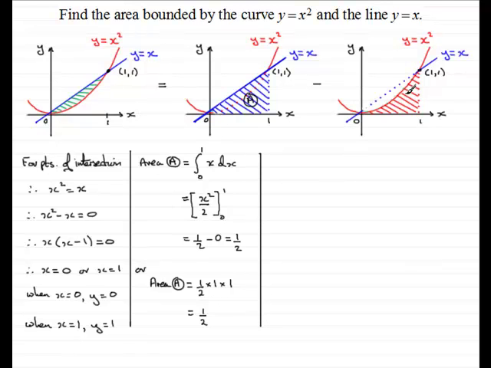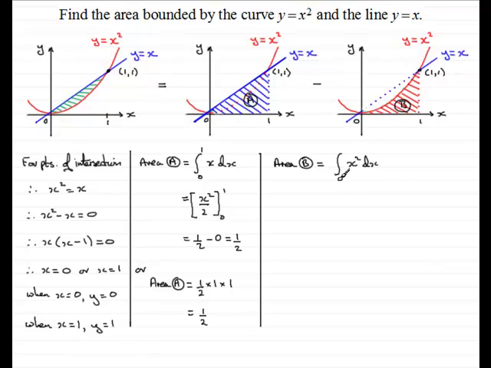We can work out this red area here, which I'll call B. Being a curve, it's not a geometrical shape, so we've got to use integration here. So we could say area of B equals, we'd integrate the equation of the curve, in this case x squared, with respect to x, and our limits go from x is 0 to 1.